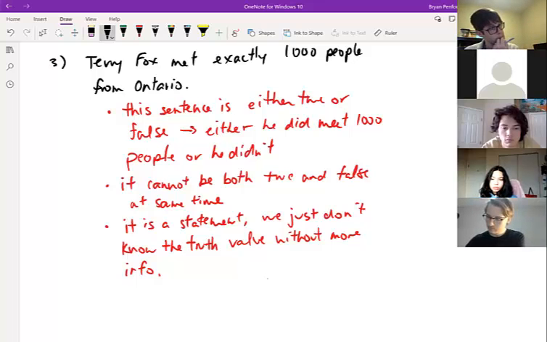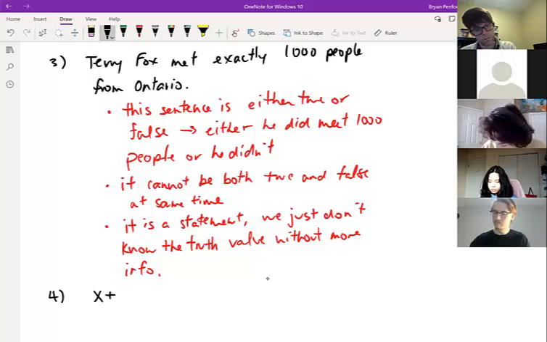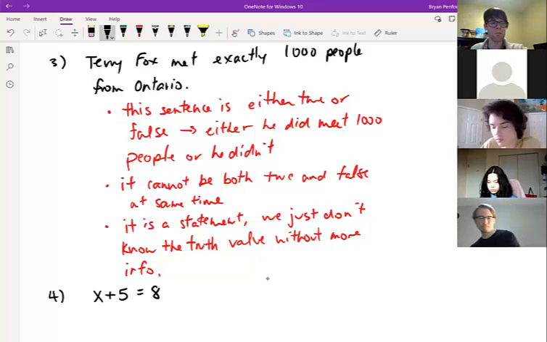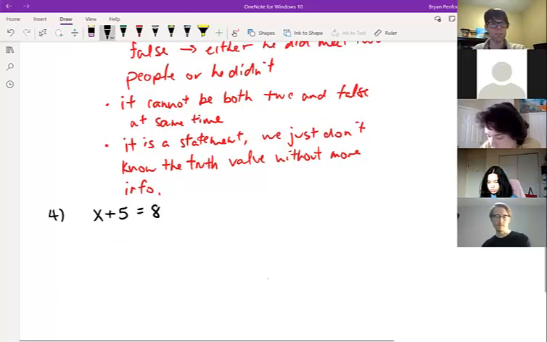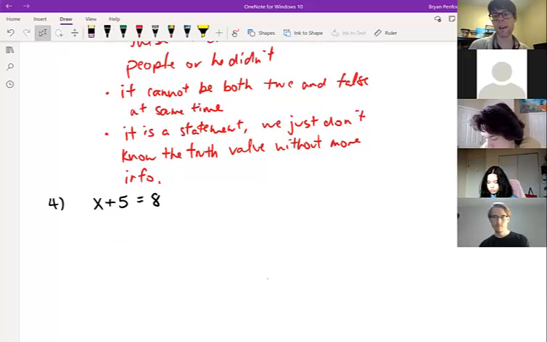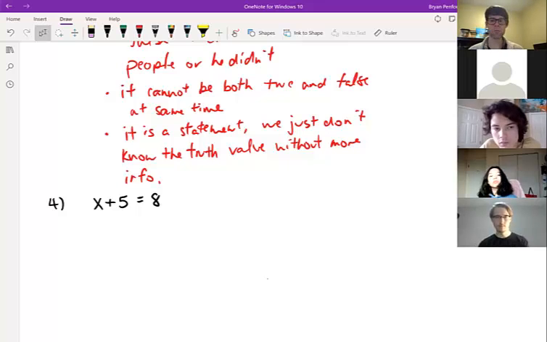Okay, let's look at a mathematical sentence. Okay, so here's a mathematical sentence. X plus 5 is equal to 8. I know, day one and we're already doing algebra.